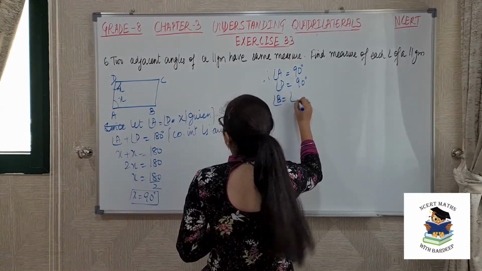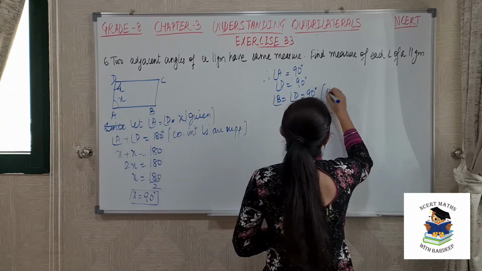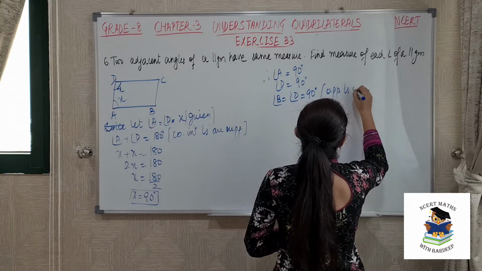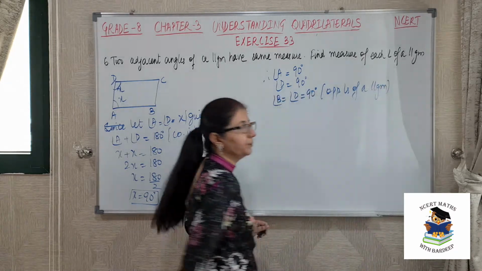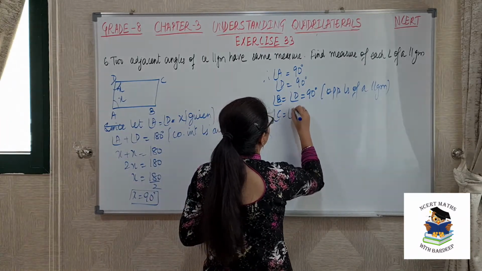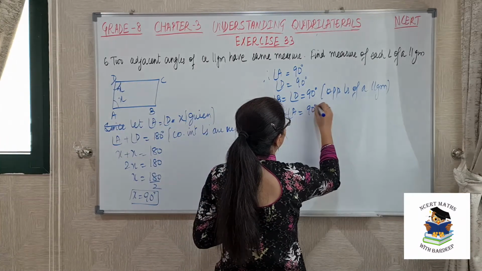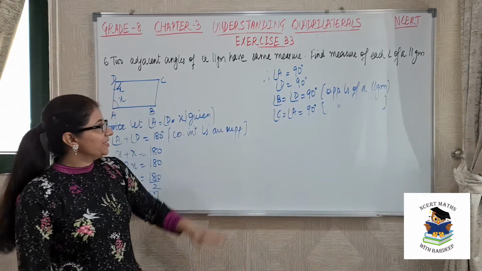So we will write angle B is equal to angle D. This is also 90, opposite angles of a parallelogram. Similarly, angle C is equal to A. This is also 90, with the same reason. So this is our sixth question.